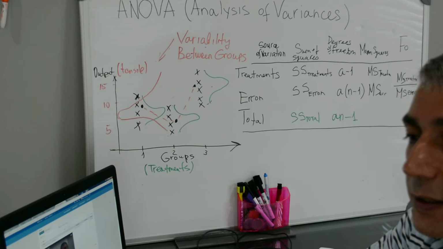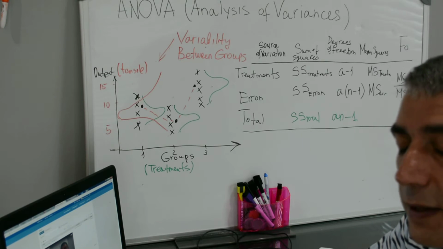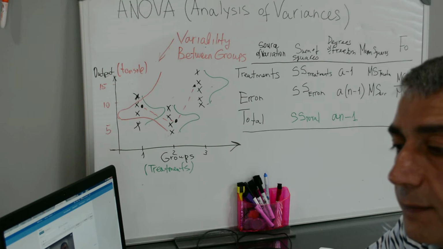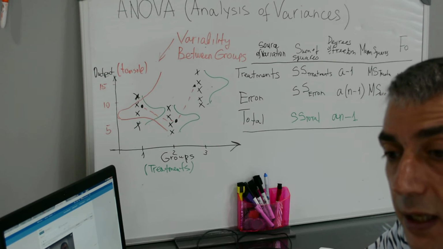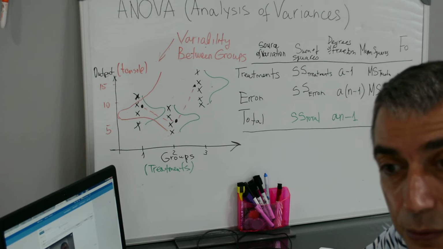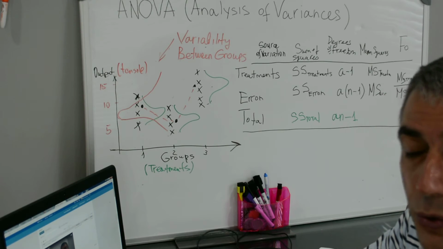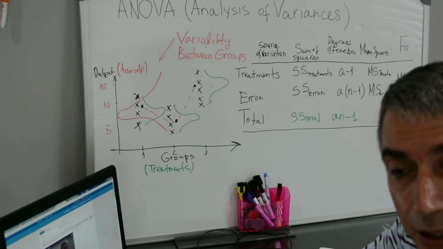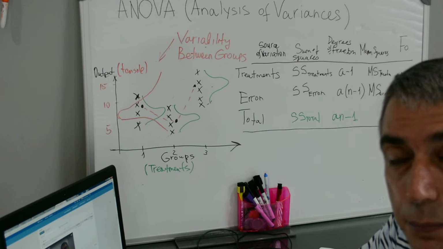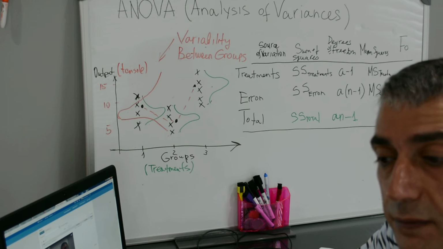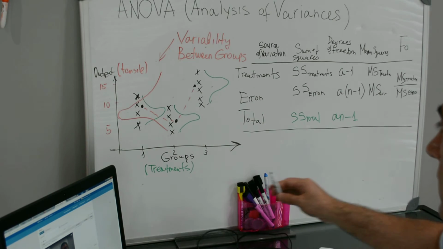The critical value of the F distribution, which corresponds to the significance level of the test, is defined, and the test statistic is compared to that critical value, or likewise the p-value is compared to the significance level of the test.